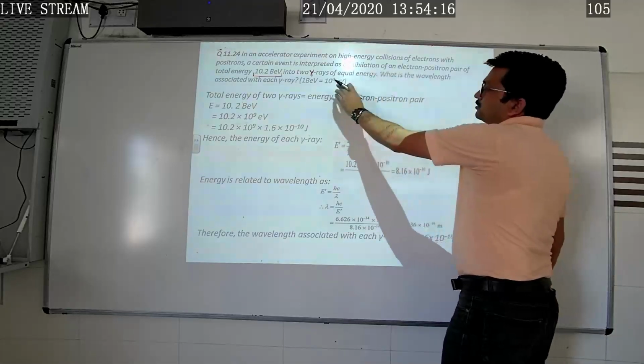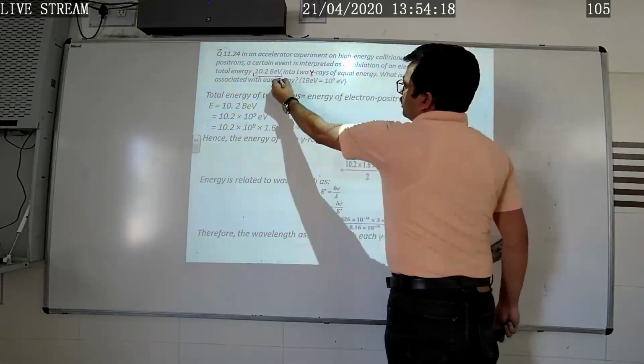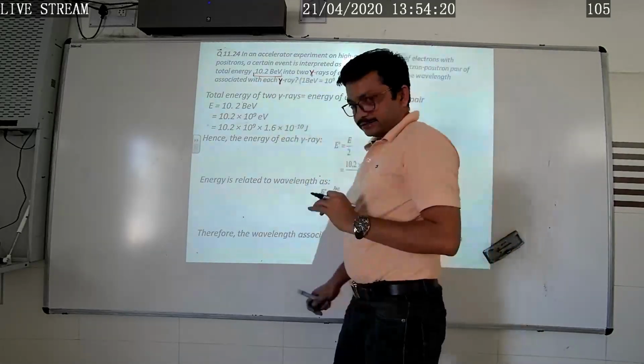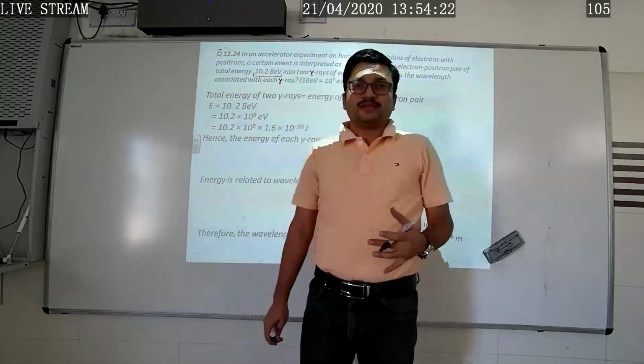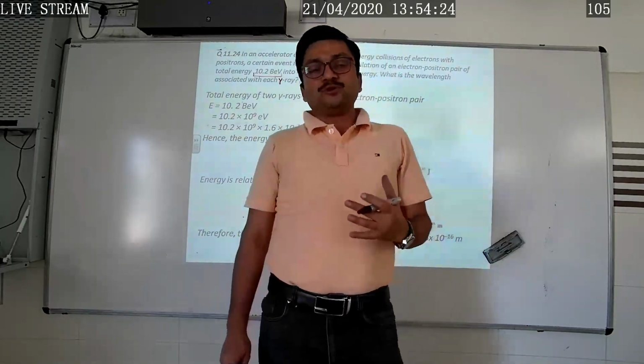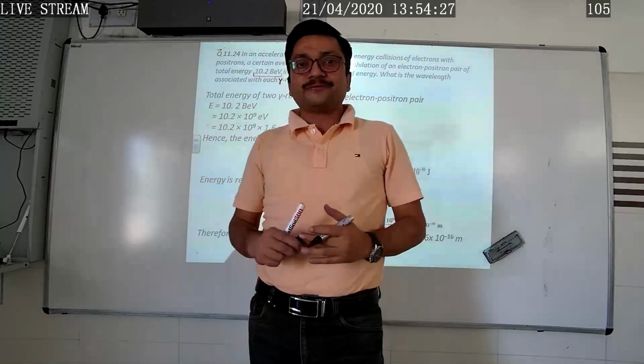What is the wavelength associated with each gamma ray? So here the concept of annihilation of matter is coming. In the 11th class I have told you what annihilation of matter is.